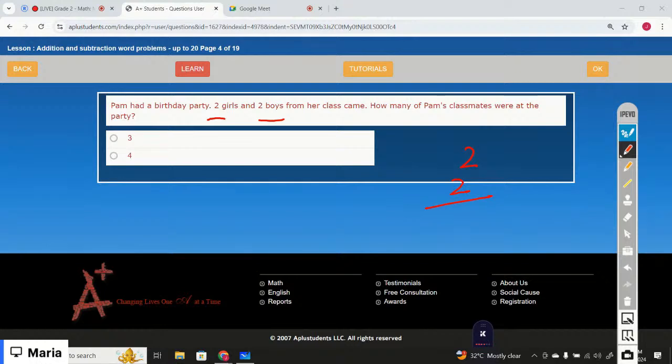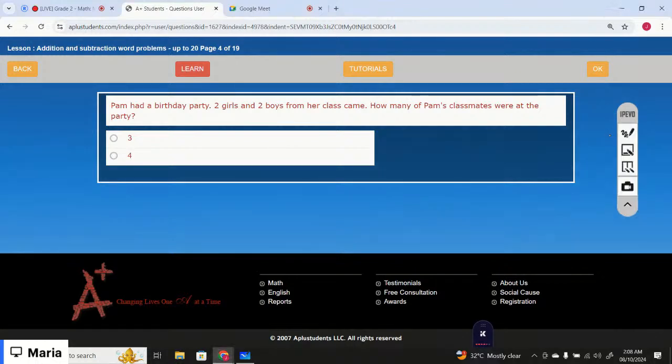You need to add, right? So the total classmates were 4. The correct option is option number 2. 4 is the correct option.